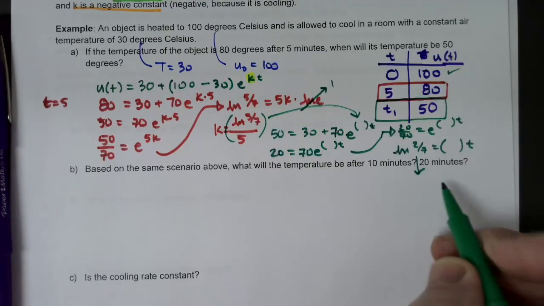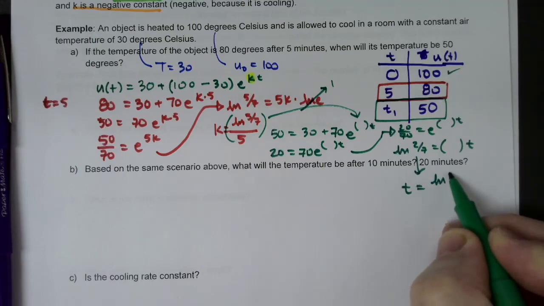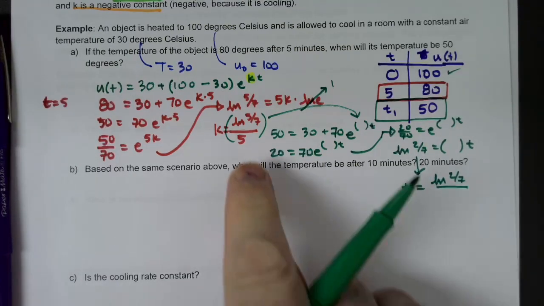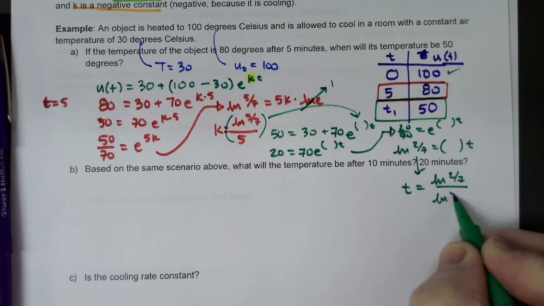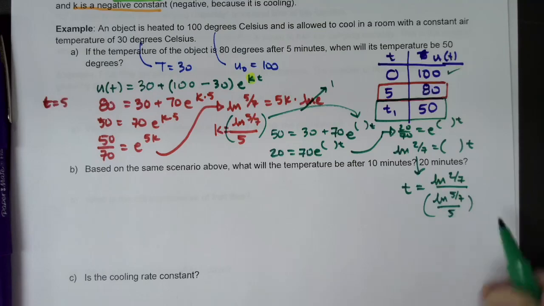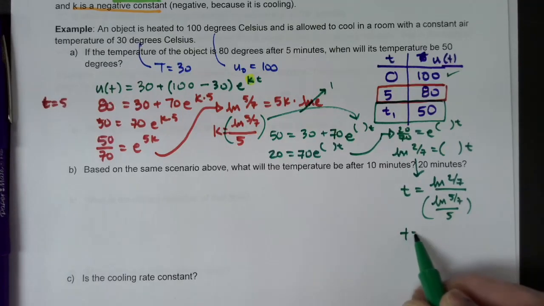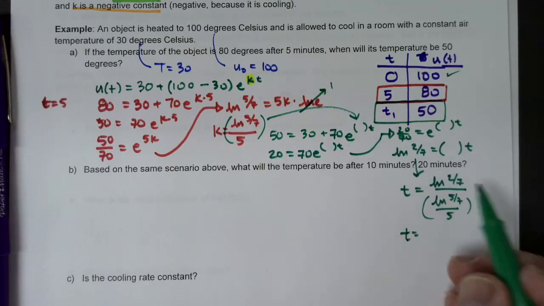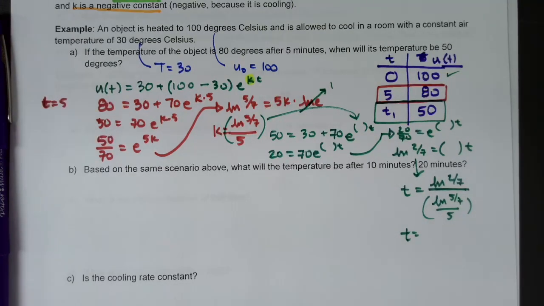So where can I go from here? This is going to be t equals the natural log of 2/7 all divided by this thing right here, the natural log of 5/7, that divided by 5. I won't take time to put that in the calculator, but you hopefully will be careful because there's a lot of parentheses going on in this.